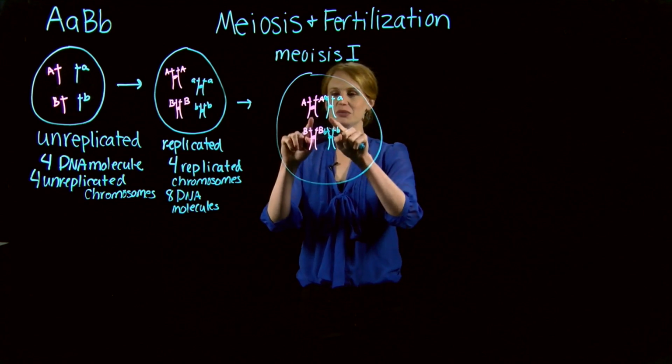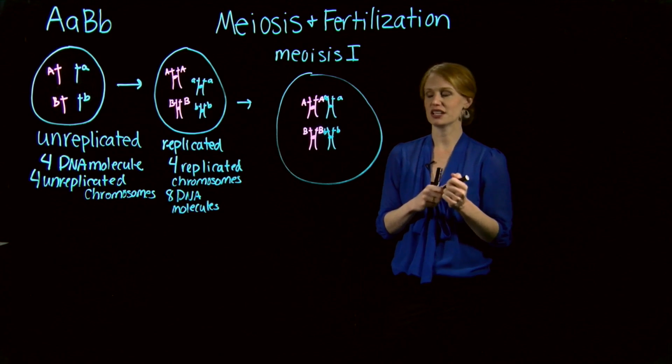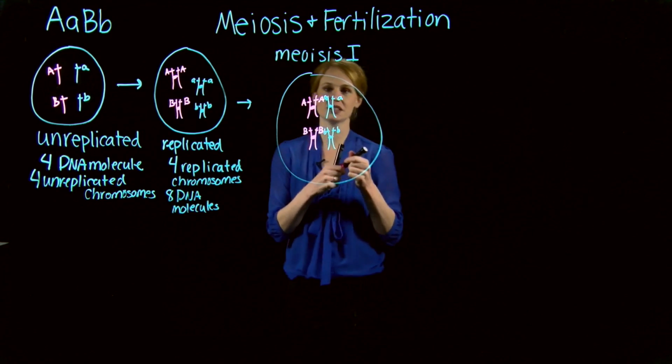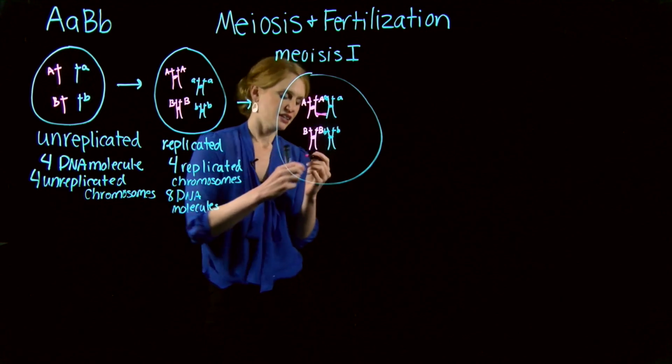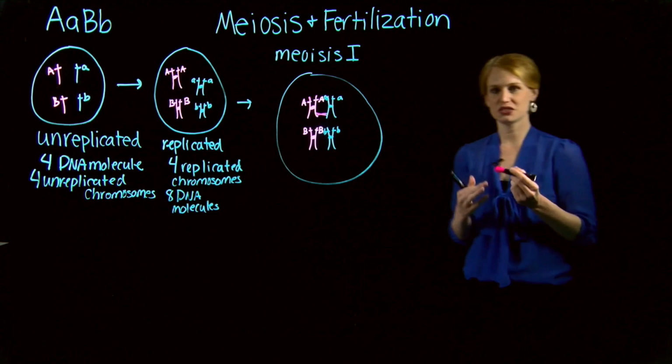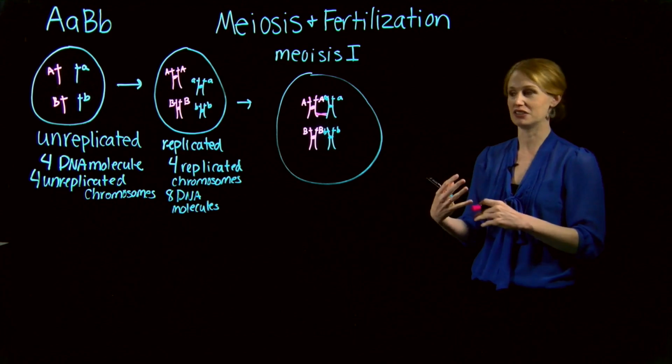So what we see here, the homologs are coming together, and what happens is that crossing over can occur. And crossing over specifically occurs between non-sister chromatids. And where and how many crossovers occur varies from meiosis to meiosis, and this can generate a lot of diversity.